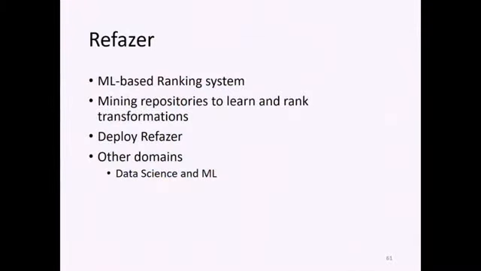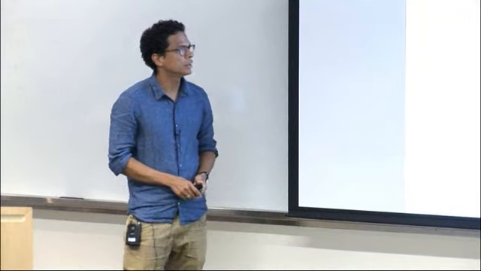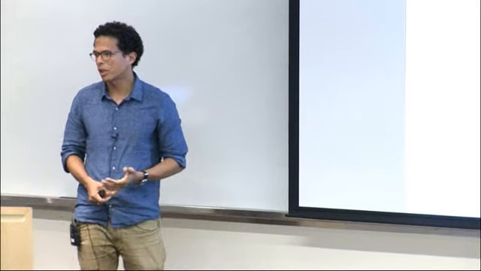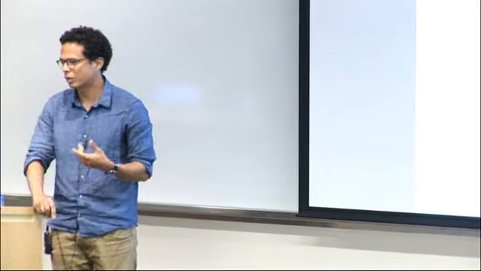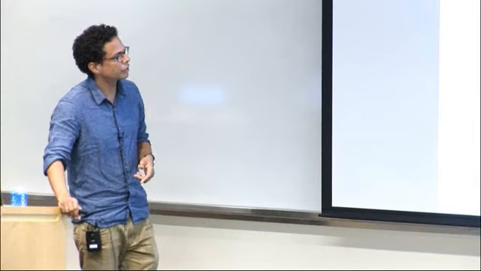So yeah, we are working on machine learning-based ranking systems. As I said, mining repositories. Some universities, such as Berkeley and MIT, are interested in using Refazer for their introductory programming classes.